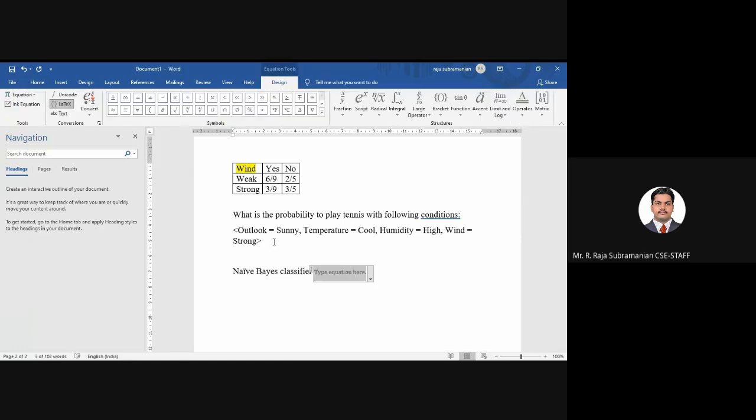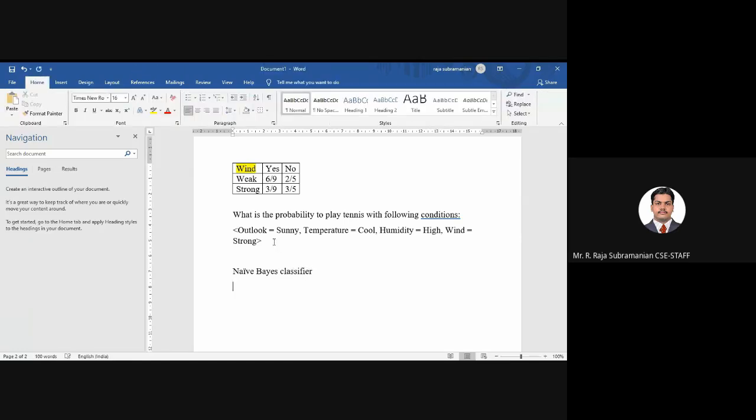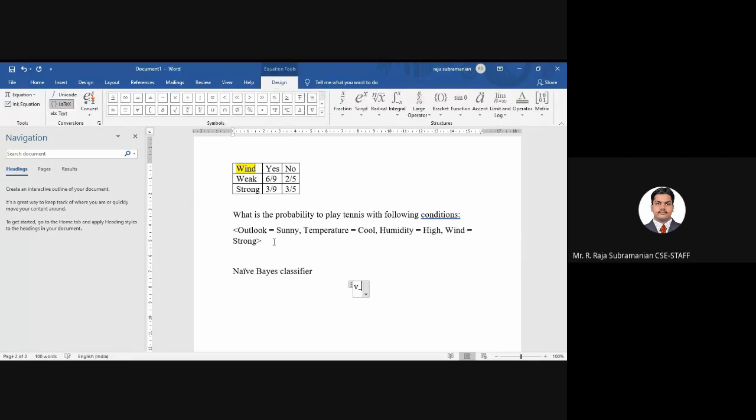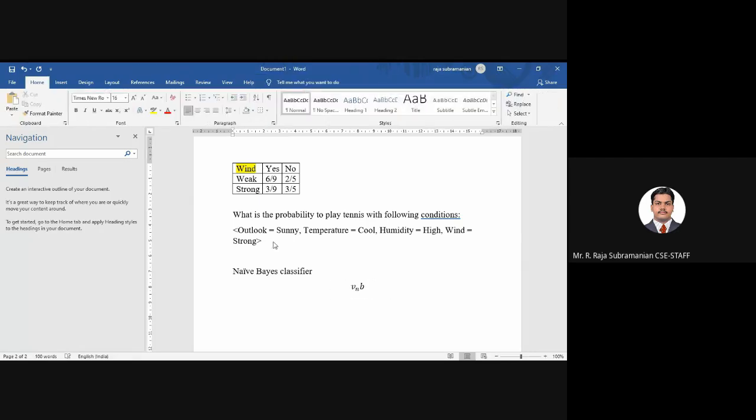We take an equation V NB. NB corresponds to Bayes. It can be calculated as an argmax. The argmax is going to be the maximum values a particular attribute can have.